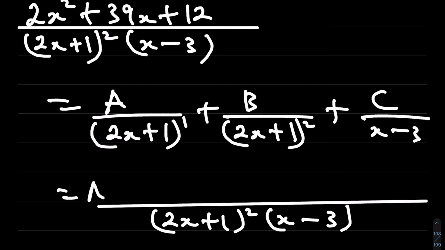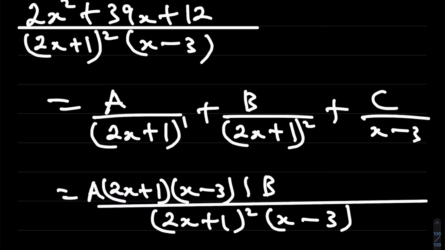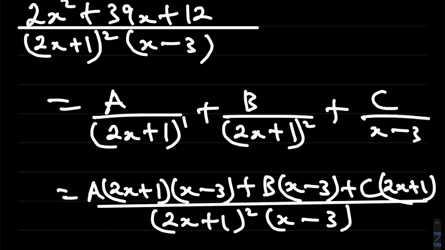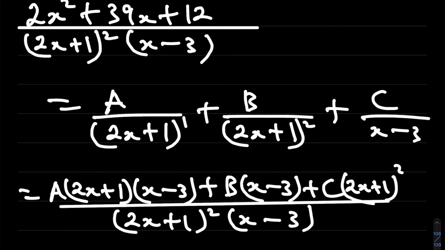And the numerator will be A times (2x plus 1) times (x minus 3) plus B times (x minus 3) plus C times (2x plus 1) squared. That's what C is. I'm moving that to the left a little.